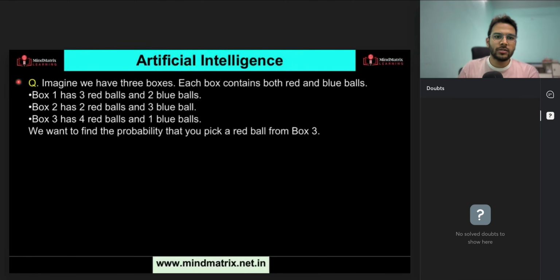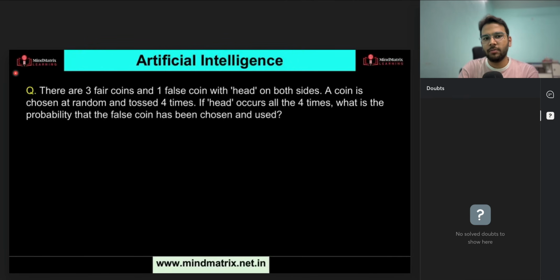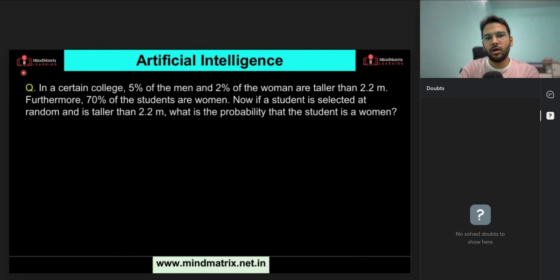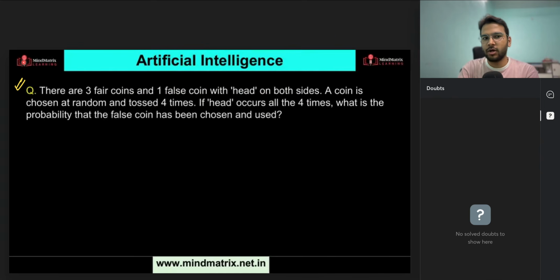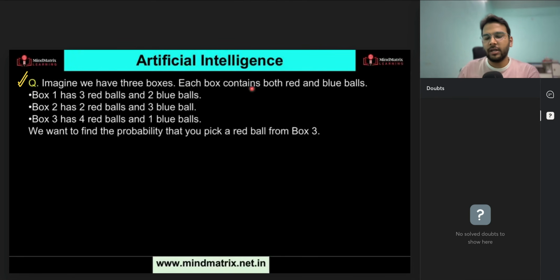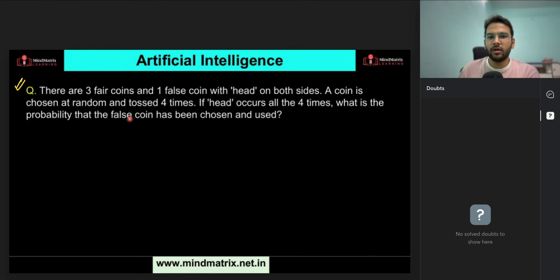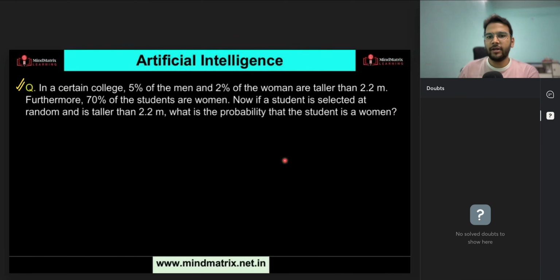Now there are some questions that are simply based on Bayes theorem. Do you want these questions as homework, or should I solve them now? You can let me know. Homework? Okay. So let's take these questions as homework and discuss in the group. And if you have any doubt, I will tell you the answers if you want.